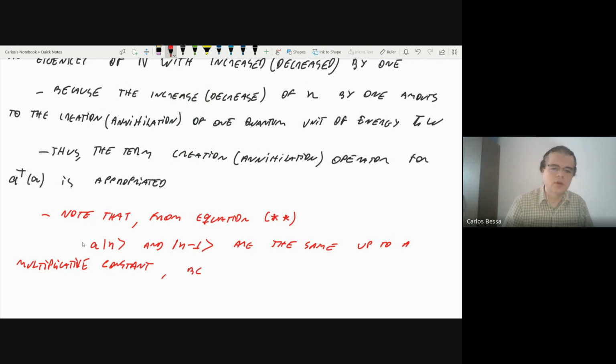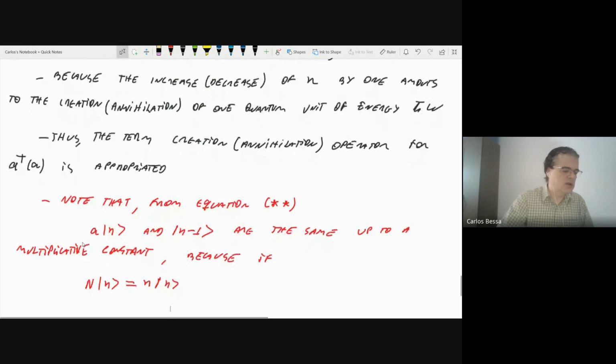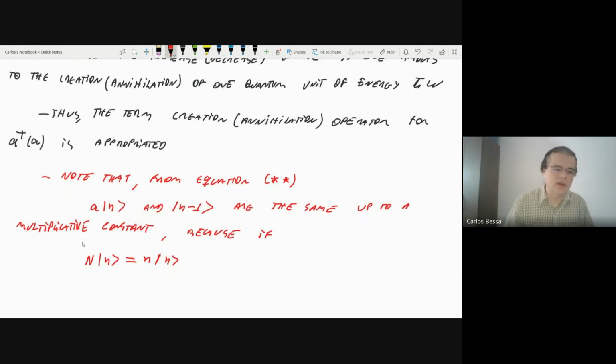Because if n applied to n is just n, as we defined in the beginning, when I have something n applied to a ket, that's called n minus 1. So using a relation like this, this should be n minus 1.